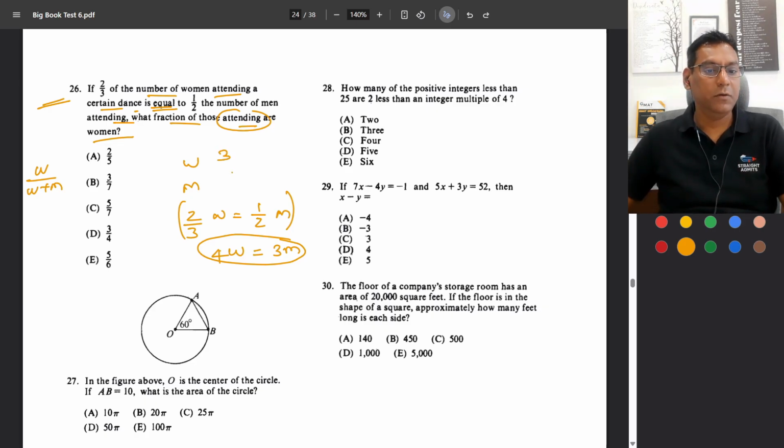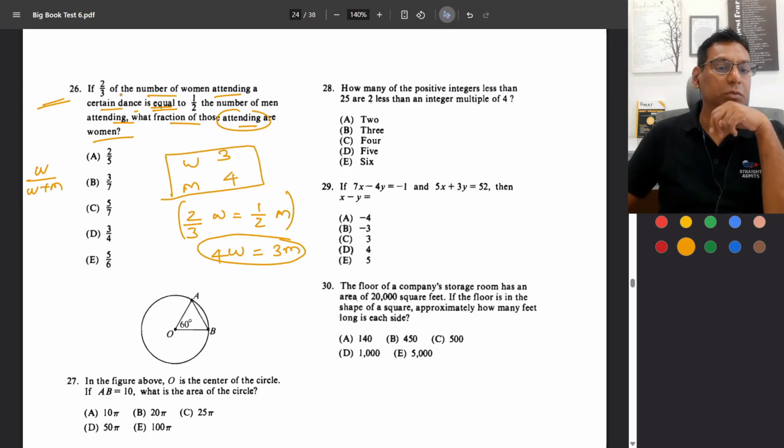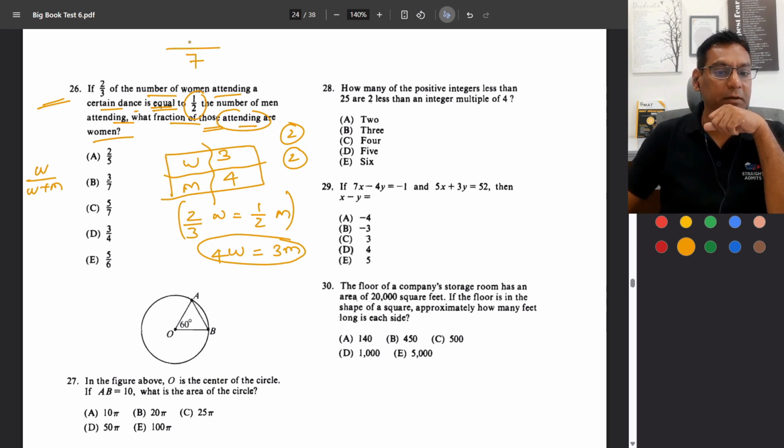Two-thirds of the women attending will be 2, which will be half of the number of men attending. That would also be 2. So this ratio will work, or it could be 30-40 also. Then out of these 7, what fraction is women? The fraction is 3 by 7. Answer choice B.